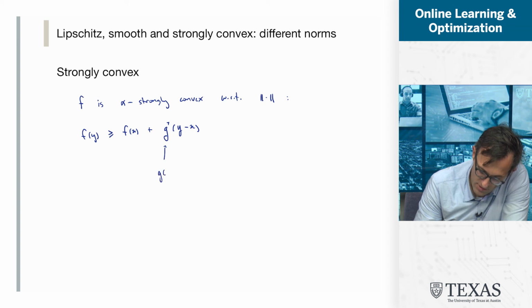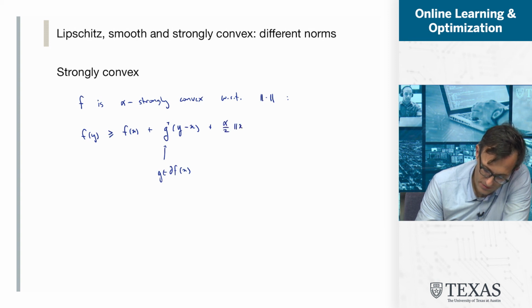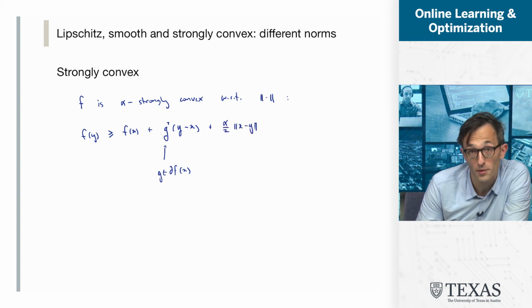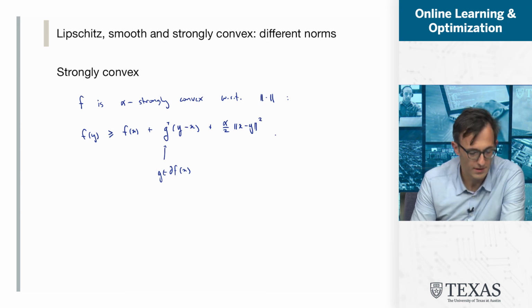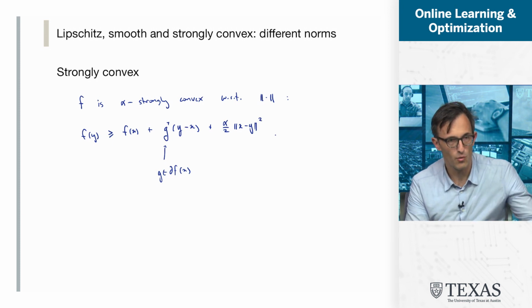Again, g is just any element of the subdifferential of f at x, plus alpha over 2 times the norm of x minus y, arbitrary norm, squared. So this is what we're going to use.